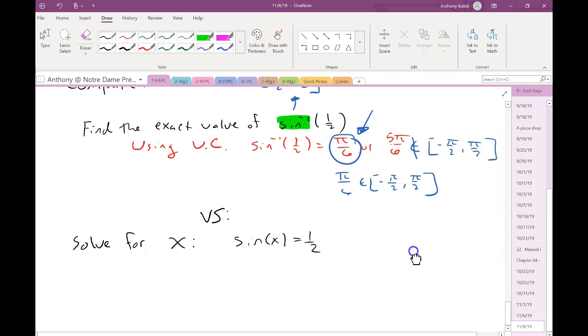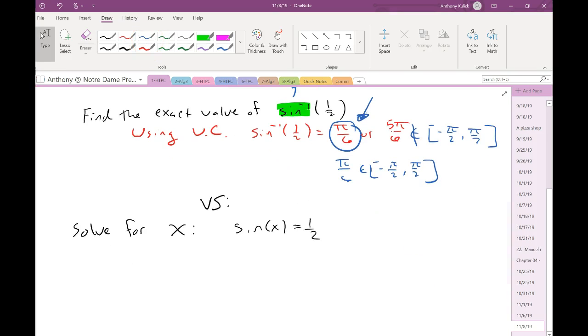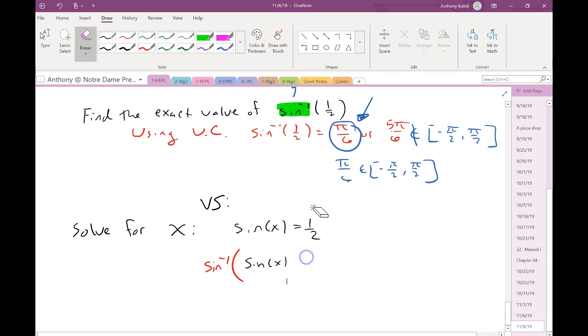All right. So if I am going to do the second problem, if I want to solve for x, what am I going to do to get the x by itself? Well, I would do the sine inverse of both sides.